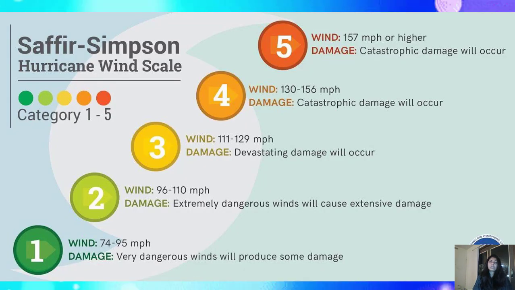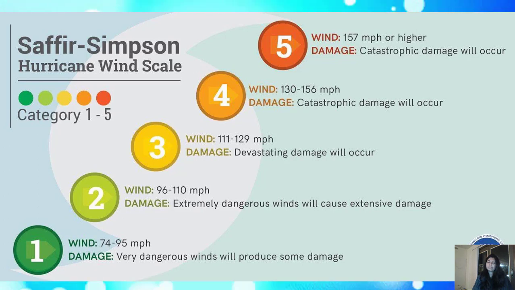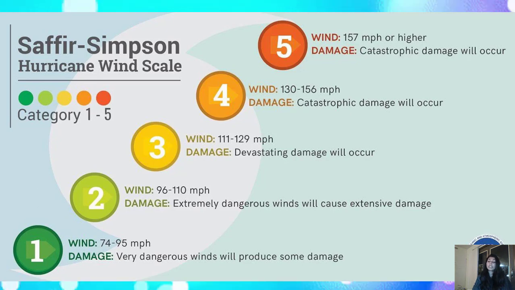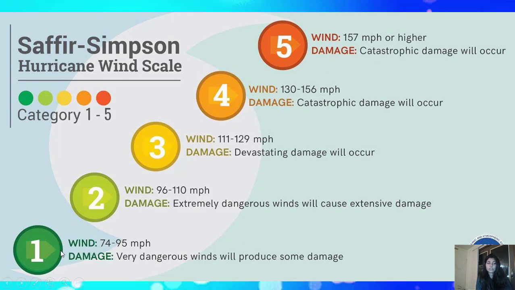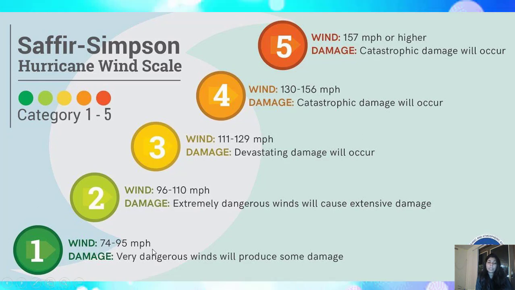Now we're going to see several different categories in which a hurricane can be categorized. There are 5 different categories starting from 1 to 5 depending on their wind speed and the damage that they can cause. The first category is the one in which the wind speed of a hurricane or a cyclone is between 74 to 95 miles per hour.